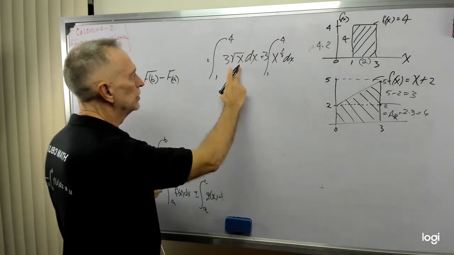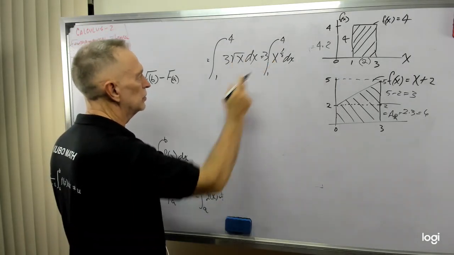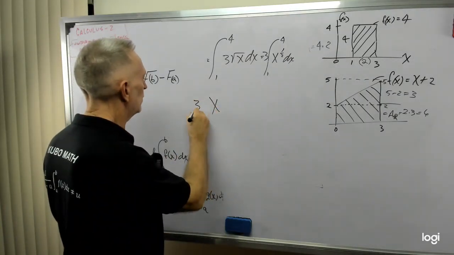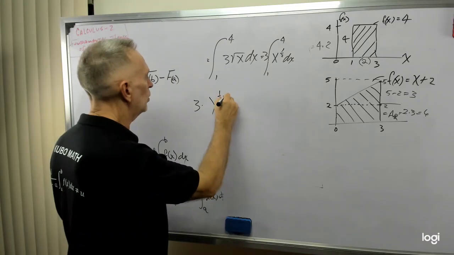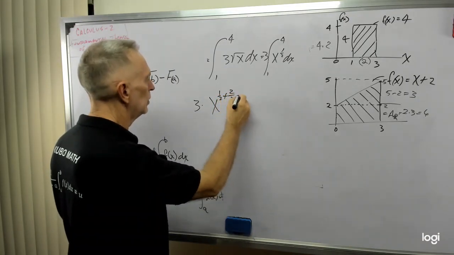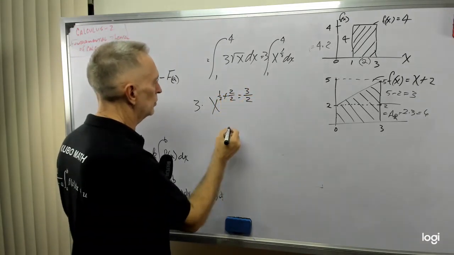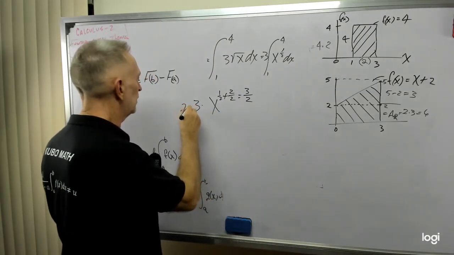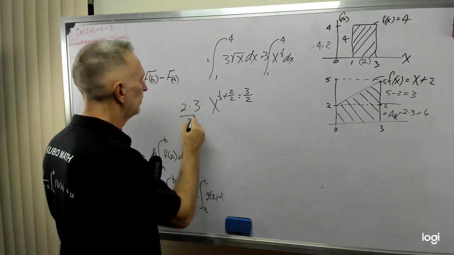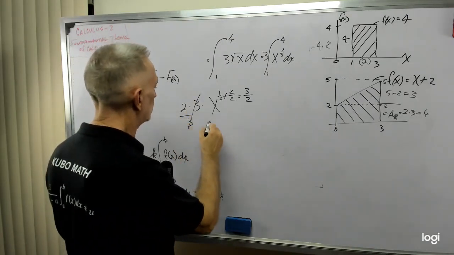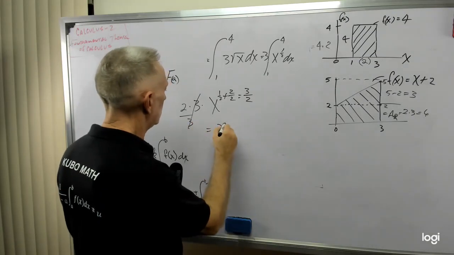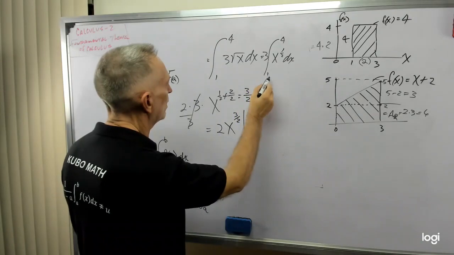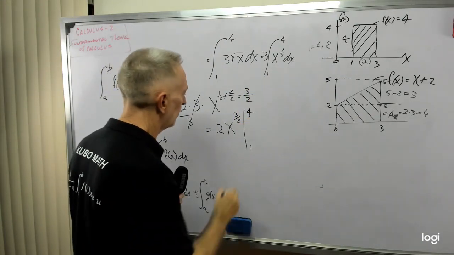Changed the square root of x to x to the 1/2. Now we have 3 times x to the 1/2 plus 1, which is 2 over 2. So that gives me 3 over 2. I'm dividing by 3 over 2, which means I'm multiplying by 2 over 3. These 3's will cancel, so this equals 2 times x to the 3/2. And we're evaluating that from 1 to 4.